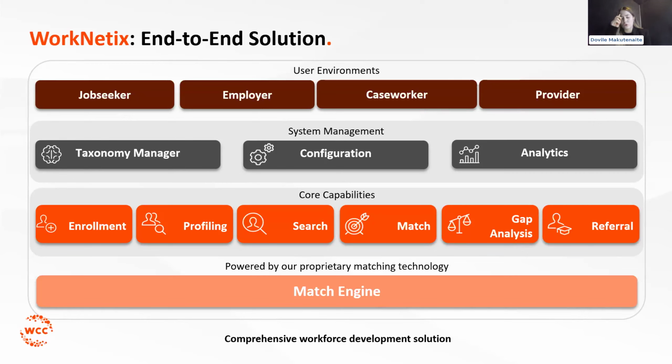But the most important one, as the brain of our solution, is the taxonomy manager, where we already integrate with international standards such as ESCO and O*NET, international occupation and skills standards, which are very important for job matching and job seeker enrollment as well as employer enrollment in the system.